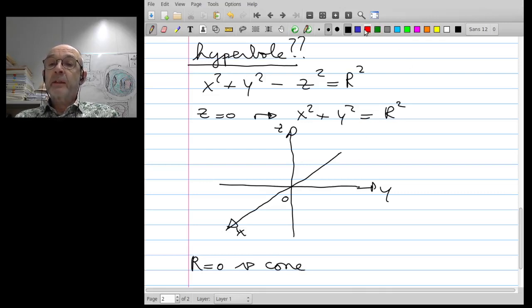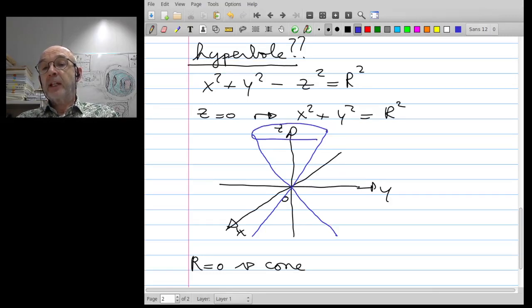So you have something like this here in the yz plane. So if your x is 0, you have y is plus or minus z, and that you rotate around the z-axis. And here you have your cone. So that is the cone.